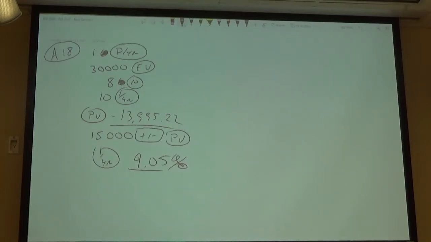Okay? So if he did go forward, as many of you had suggested, and pay $15,000 for it, then he'd only be getting a 9.05% rate of return instead of the 10% that he wants. Okay? Make sense?